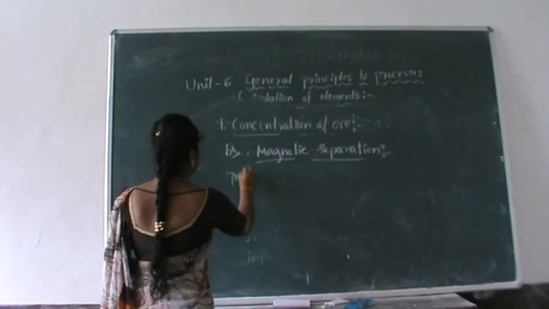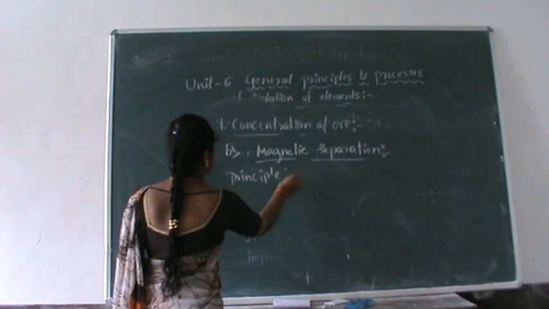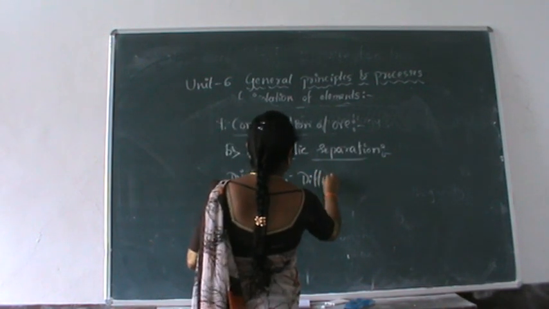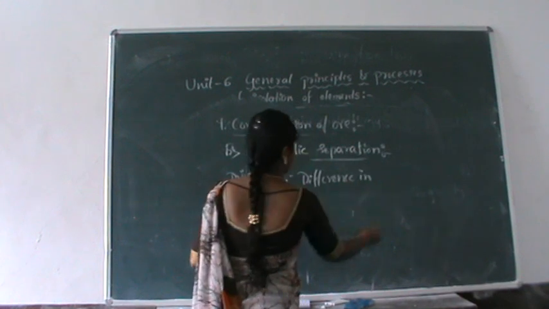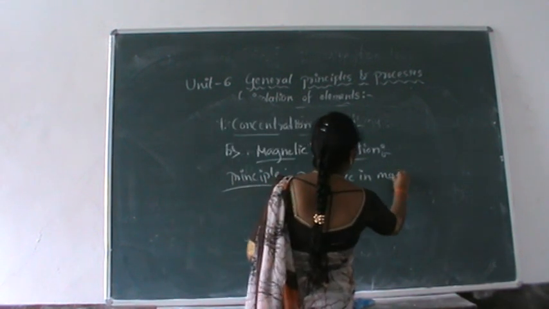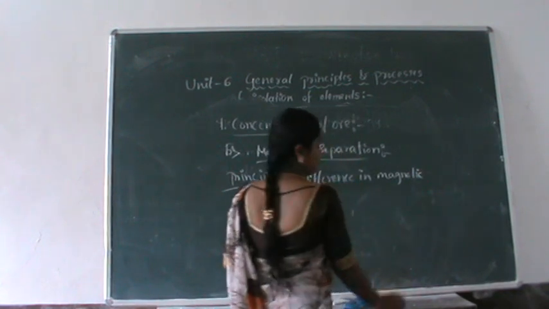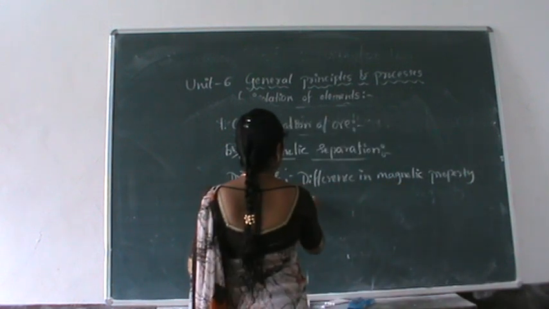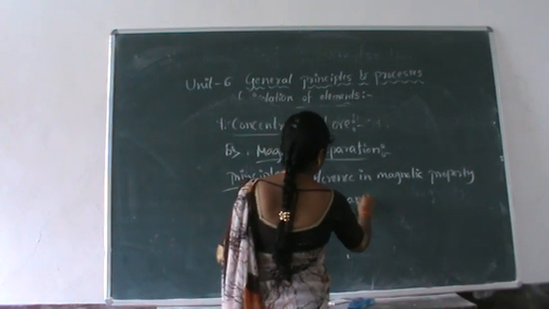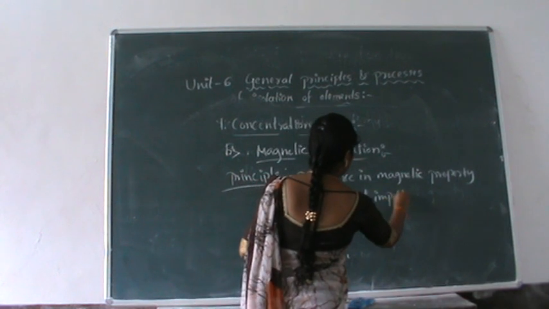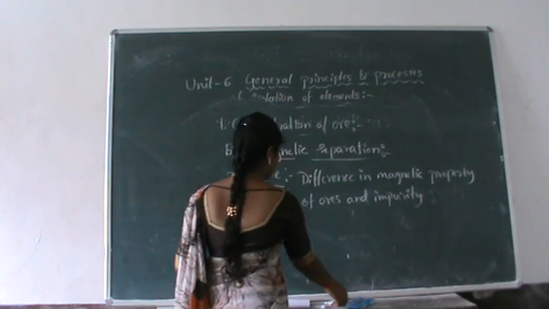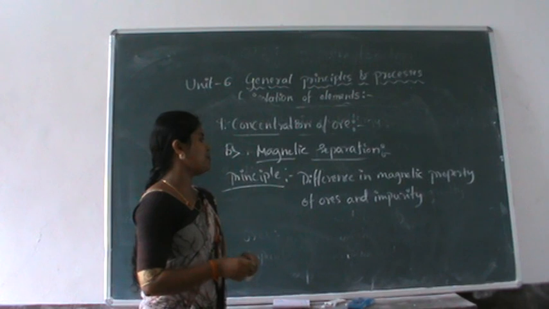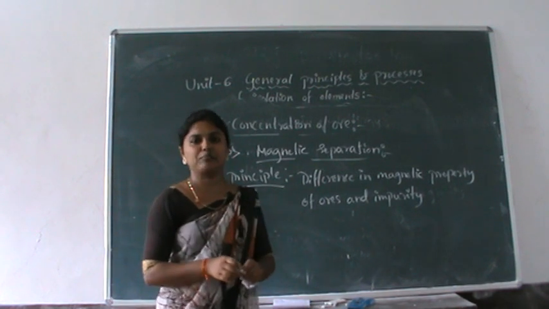The principle behind this method is the difference in magnetic property of ores and impurities.